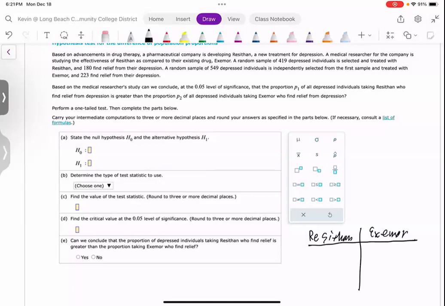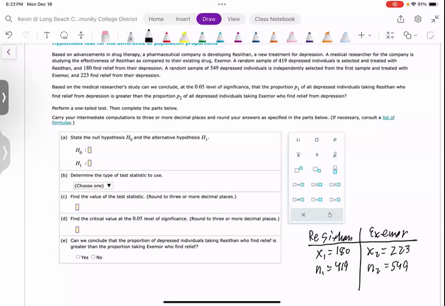All right, so our x sub 1 for Resithan is 180, and n sub 1 is 419. And for Examor, x sub 2 is 223, n sub 2 is 549.